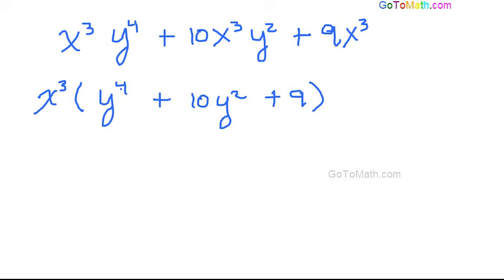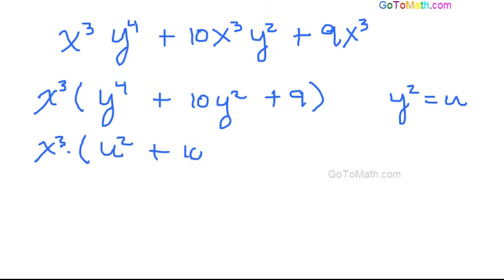So the degree is 4, and that means we're going to be using some substitution. So we're going to let y squared equal u. We're going to let u equal y squared, however you want to say that. Okay, so I'm going to go ahead and rewrite this x cubed here. And so we have u squared plus 10u plus 9.